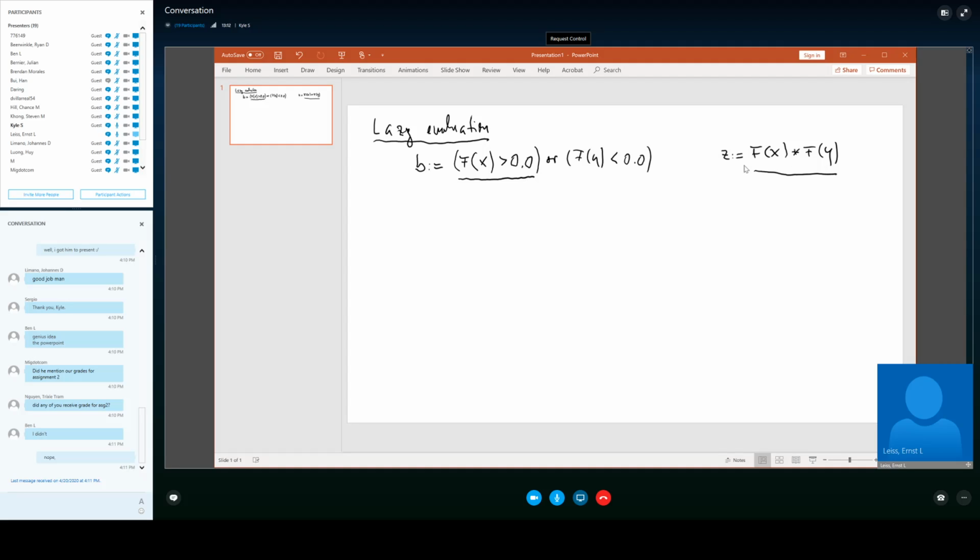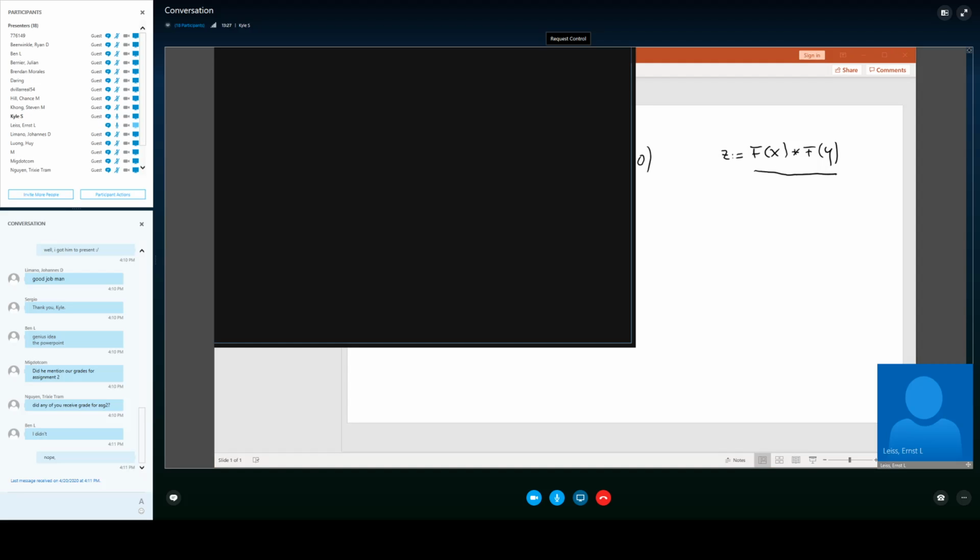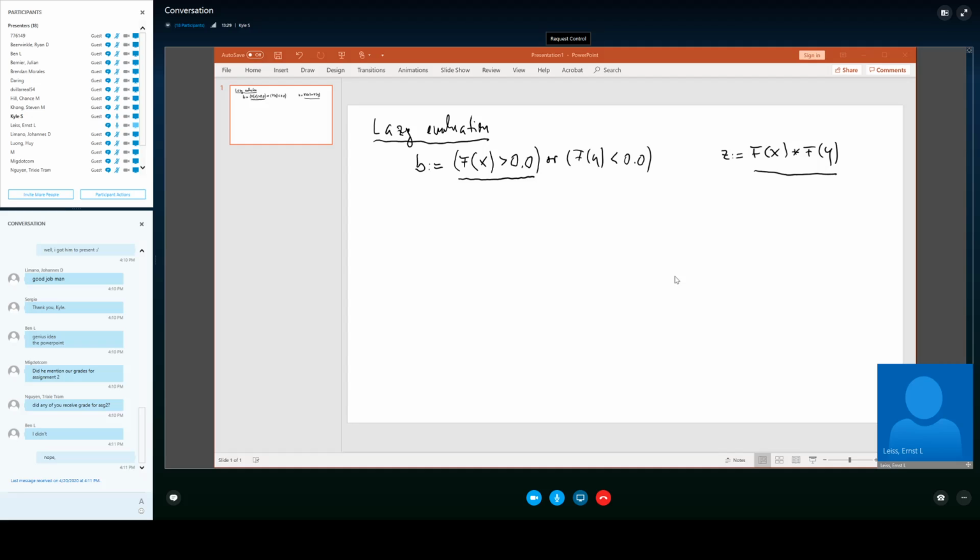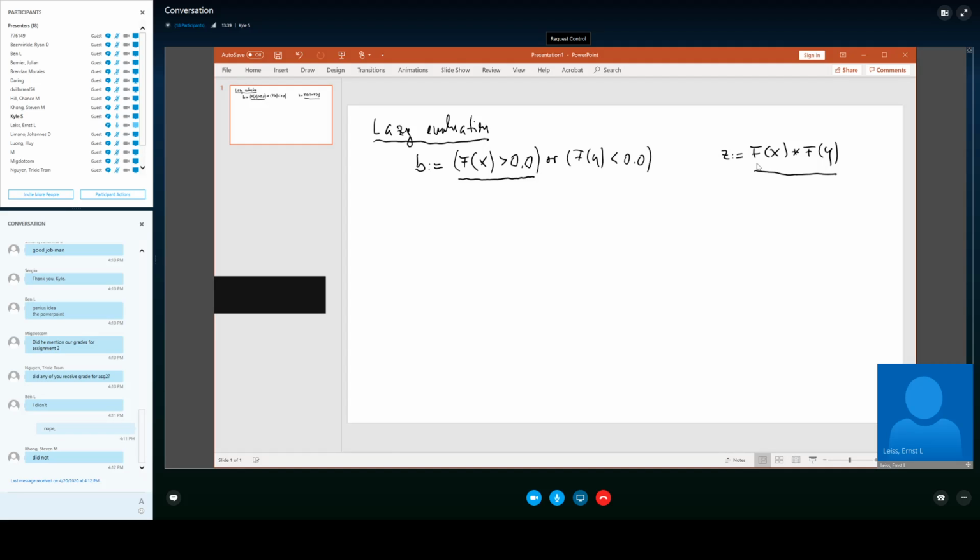In the case of the arithmetic expression z, well, the likelihood that f of x is 0 is relatively low. It's probably not 0, but it is relatively low, and therefore that is not particularly interesting and therefore not particularly profitable to evaluate in a lazy form.